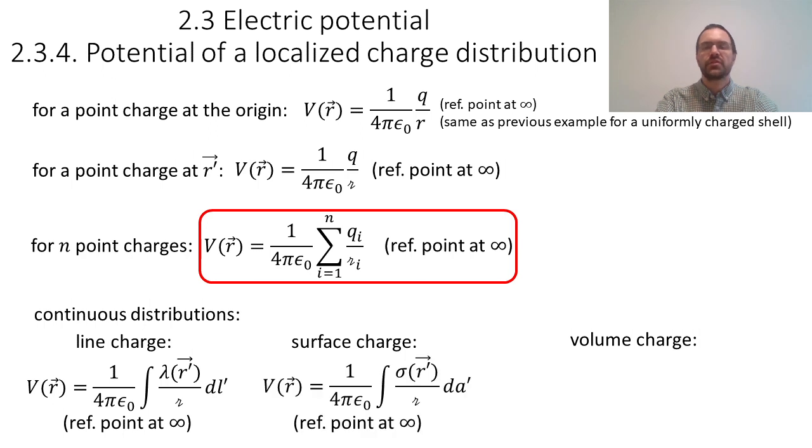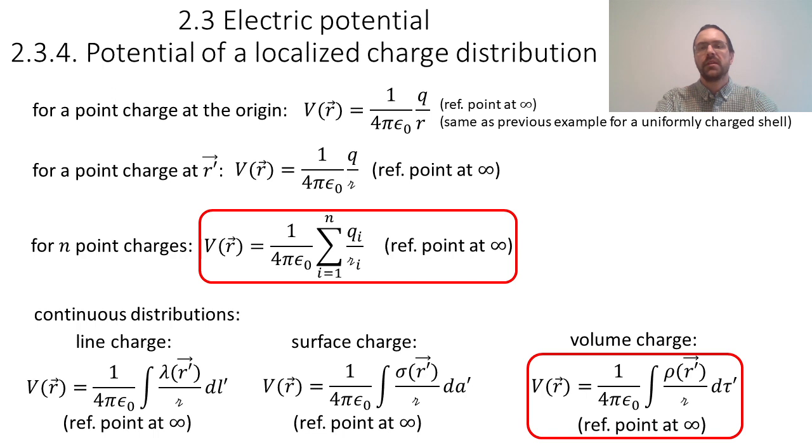For a surface charge distribution, V equal 1 over 4 pi epsilon naught integral over the surface of sigma of R prime over curly R dA prime. And for a volume charge distribution, V equal 1 over 4 pi epsilon naught integral over the volume of ρ of R prime over curly R d tau prime.